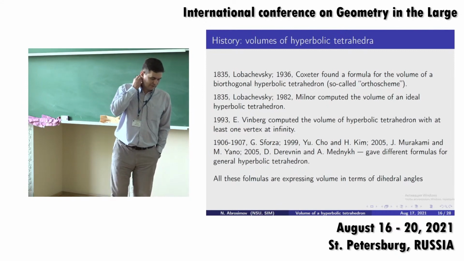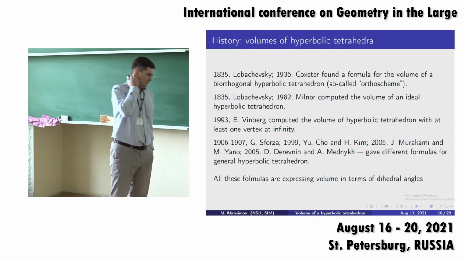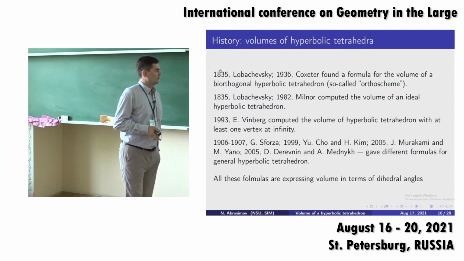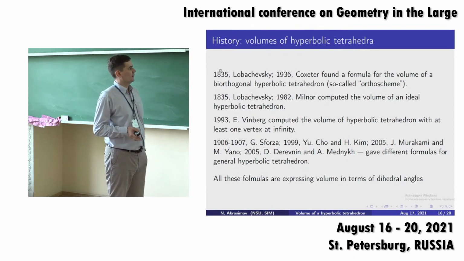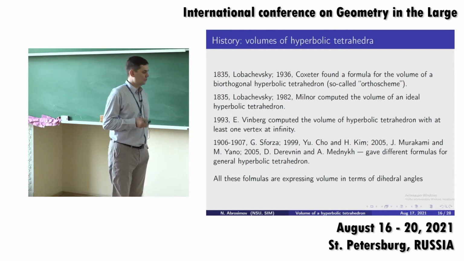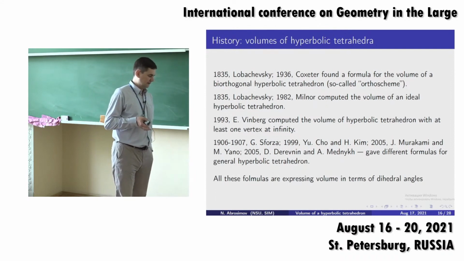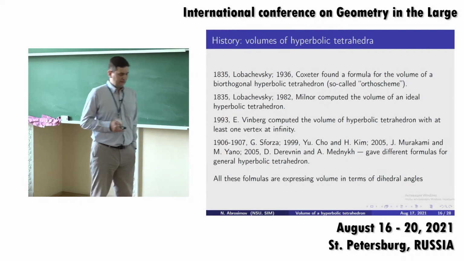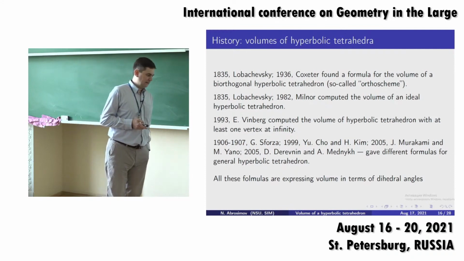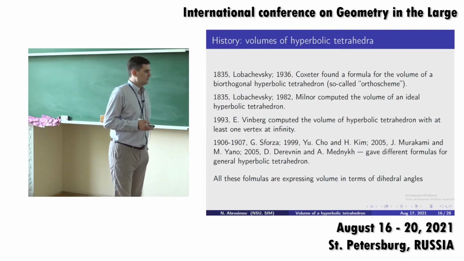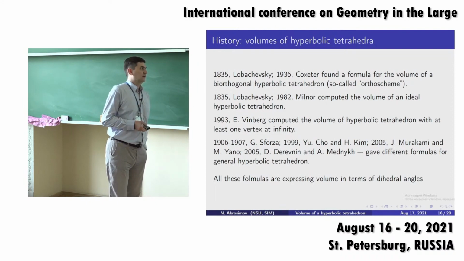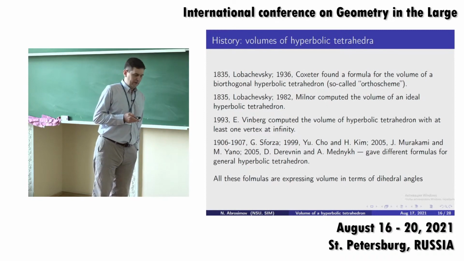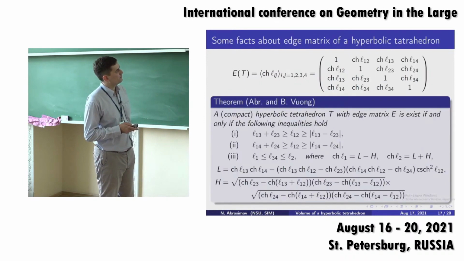One can just use partial derivatives of non-explicit functions involving 16 dilogarithms to compute the volume for some given concrete edge lengths. And the natural question arises: can we find some explicit formula for the volume of a hyperbolic tetrahedron in terms of edge lengths?